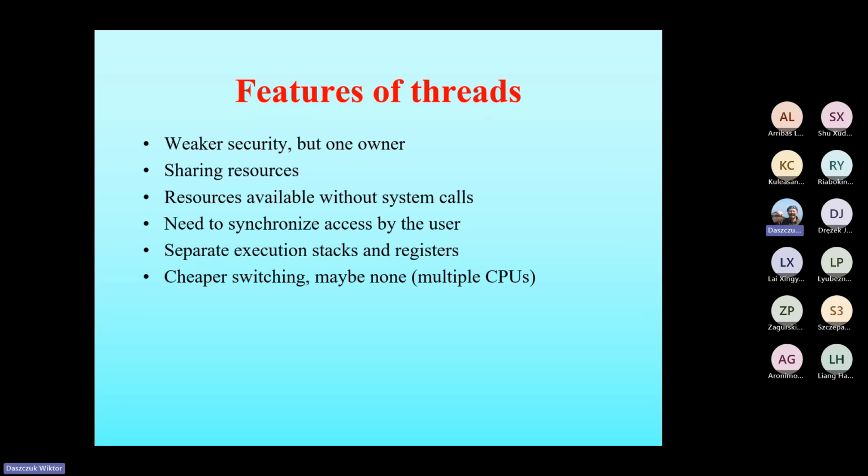For example, a thread opens a file and all threads can read and write this file. Resources are available without system calls. Of course, not all resources. If it's a file, we must perform a syscall. But if it's a memory area, we can write and read freely. Problem with synchronization.